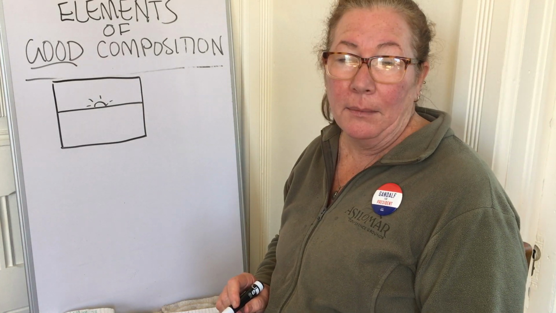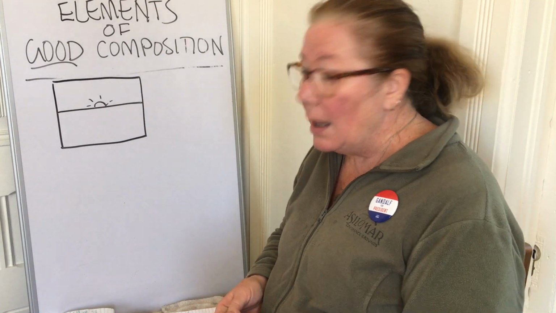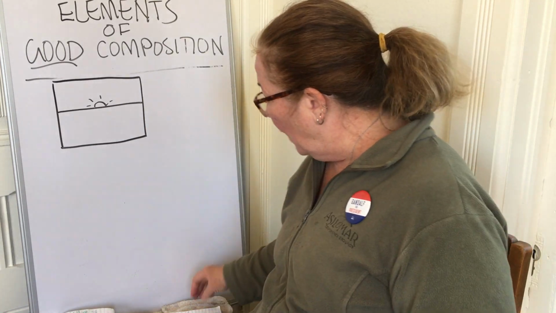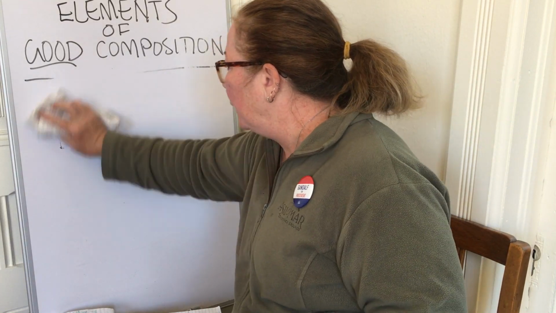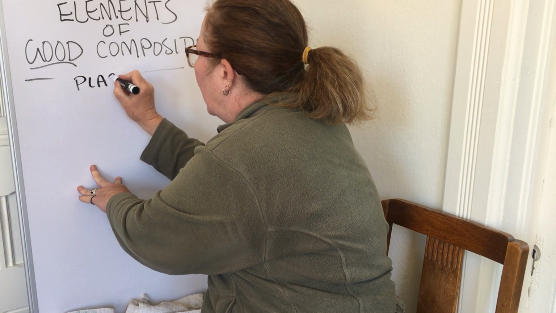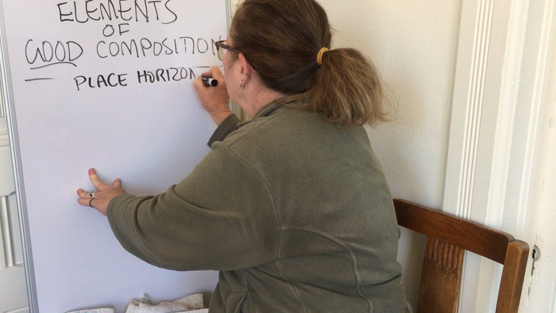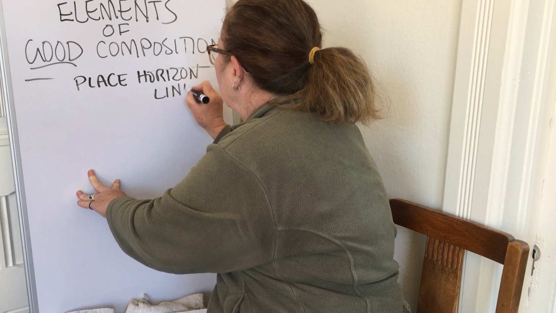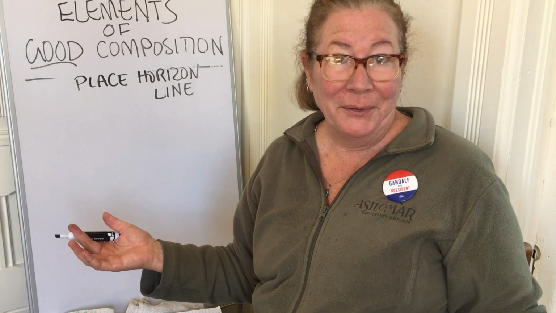We probably have taken a million photographs like that, and not one of them is hanging on our wall. That's because the symmetry is very boring. And so one of the first things we want to do for a good composition is decide where to place the horizon line. That's really important.